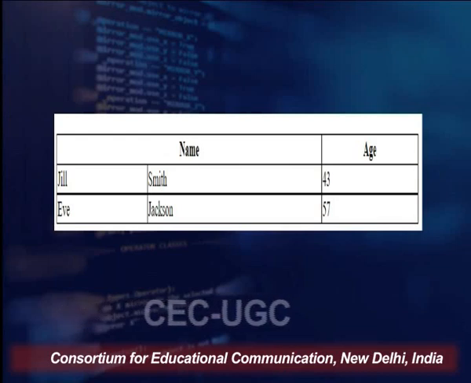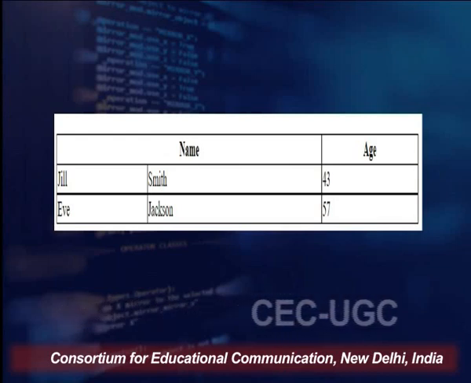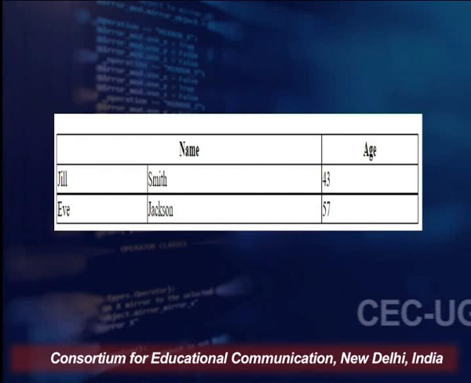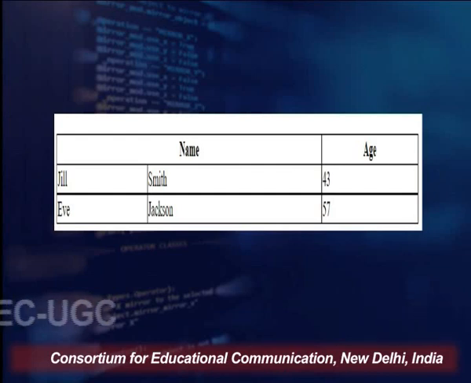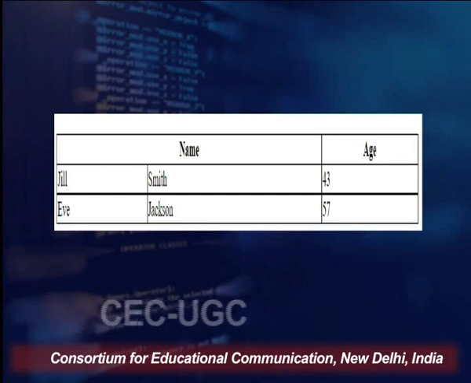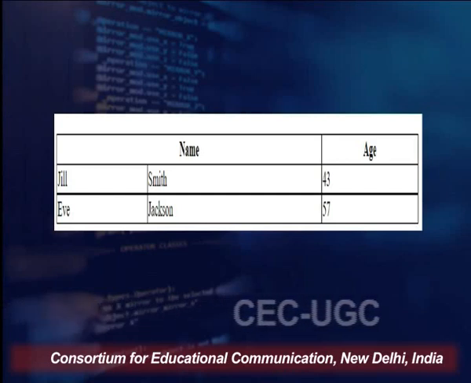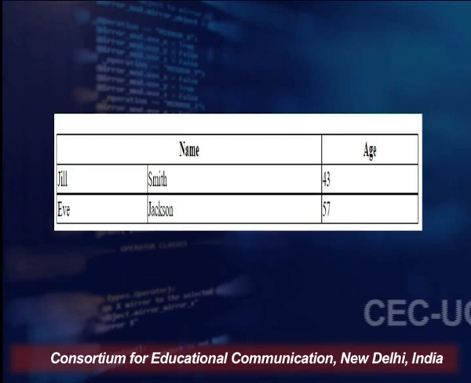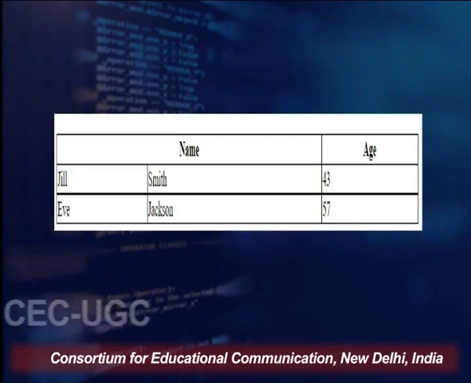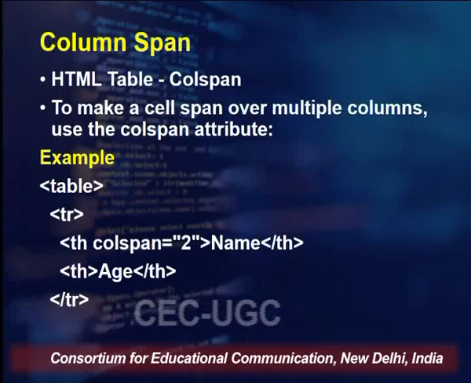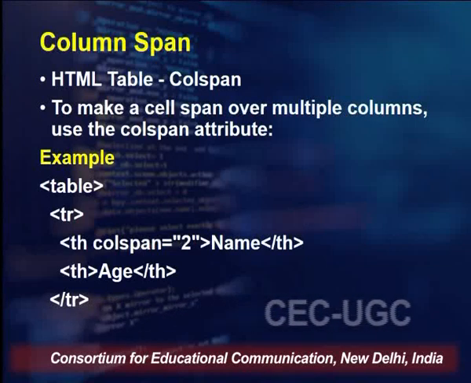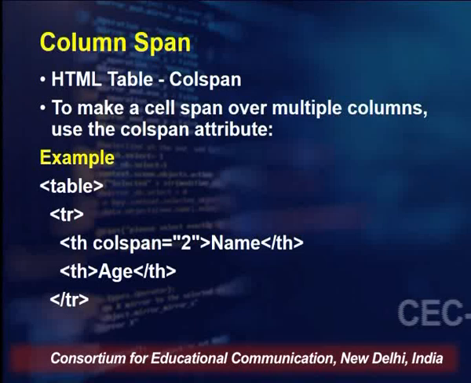Within row number 2 and row number 3, I have taken 3 TD elements, but in the first row, which is of the header, I have taken only 2 elements. The first is name, another one is age, and for the name I have explicitly written colspan equals 2. So let us have one more look at the code.